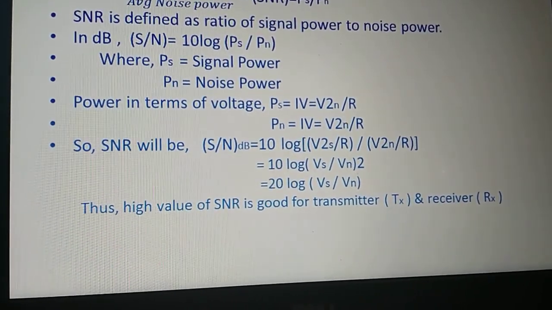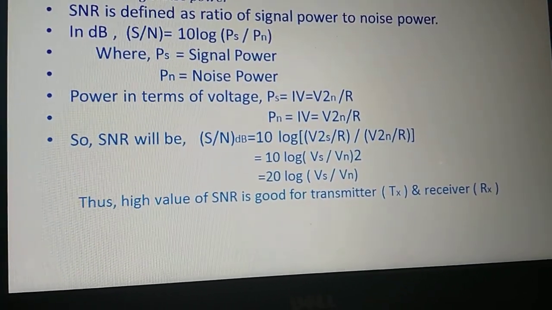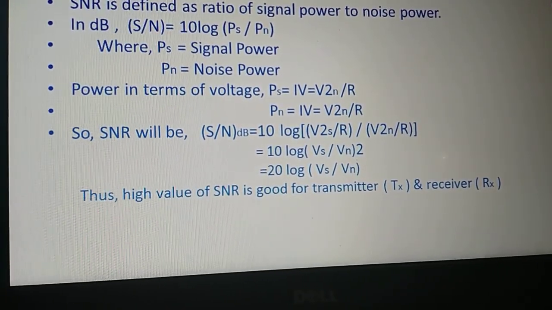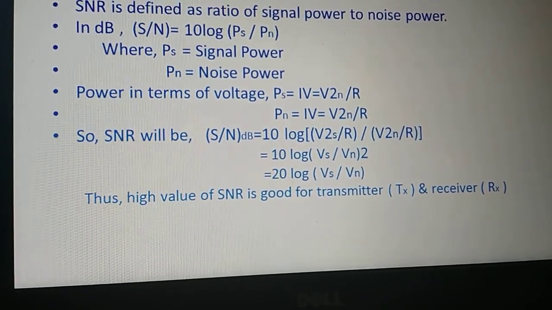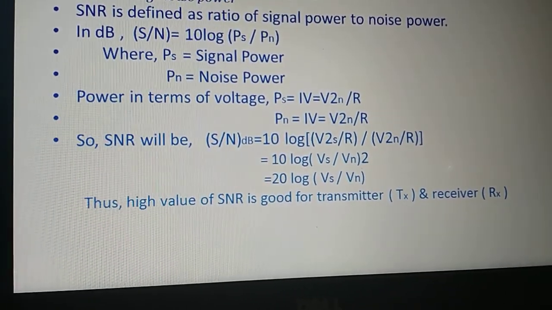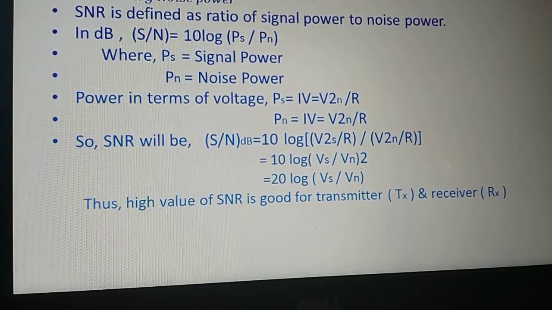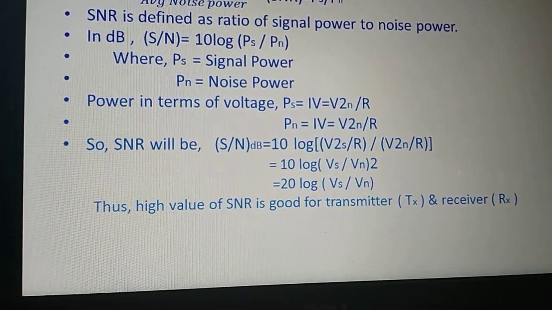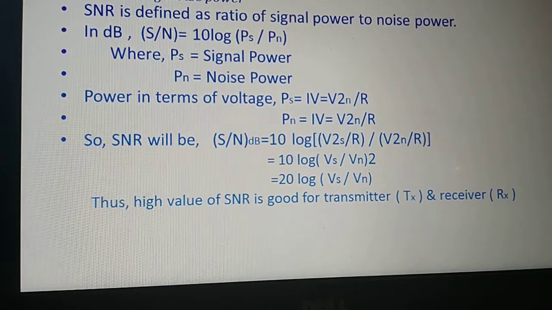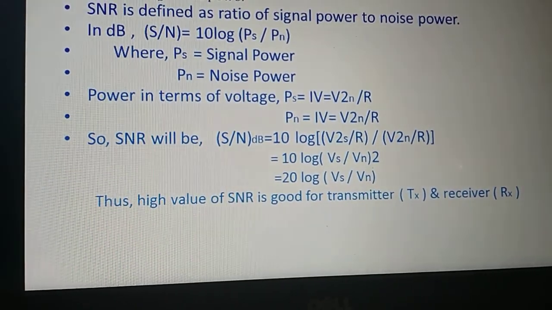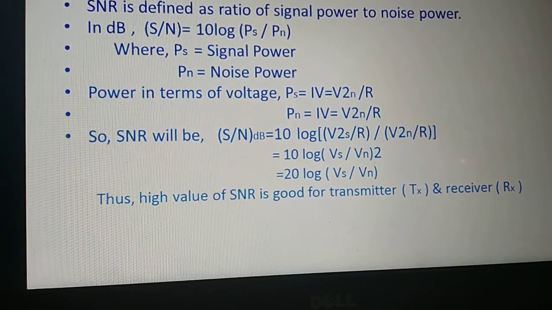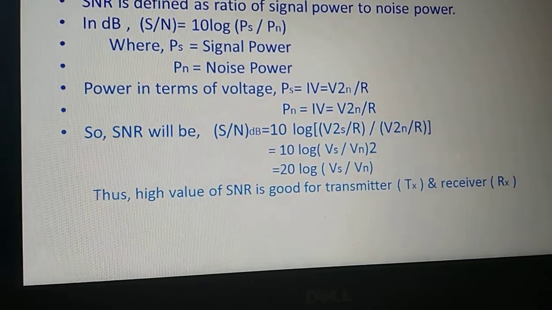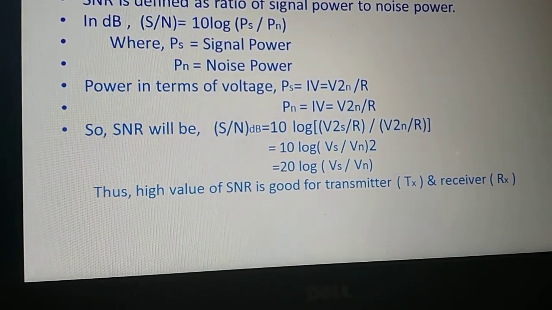So signal to noise ratio in terms of voltage, I can write in decibel, SNR in dB is equal to 10 log of Vs square by R divided by Vn square by R, is equal to 10 log of (Vs by Vn) whole square. The power 2 will come out and be multiplied by 10, that will give you 20 log of Vs by Vn.